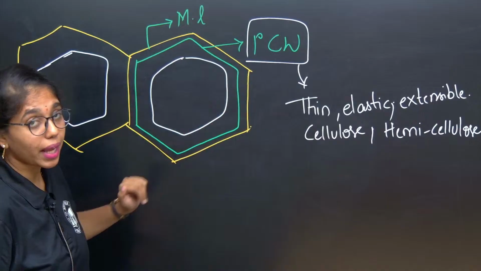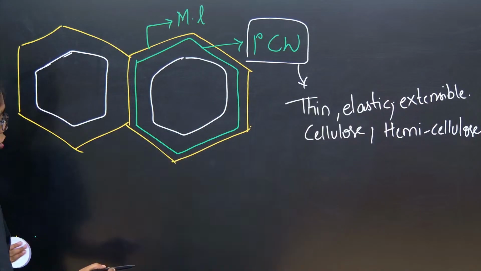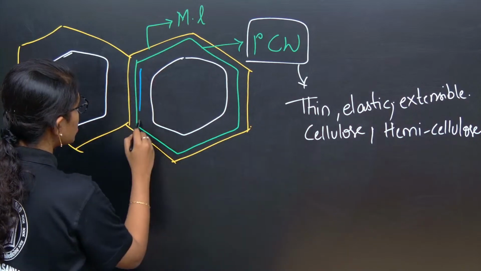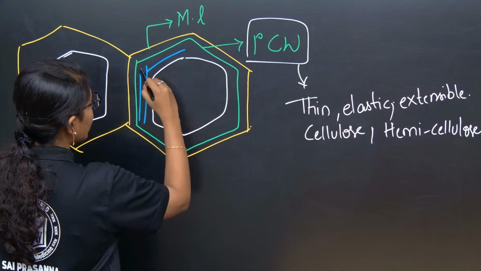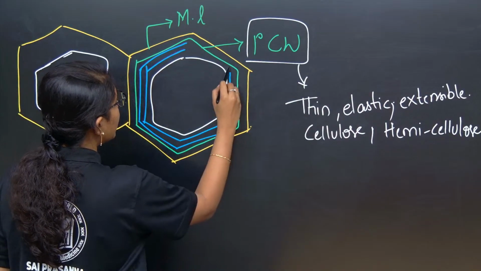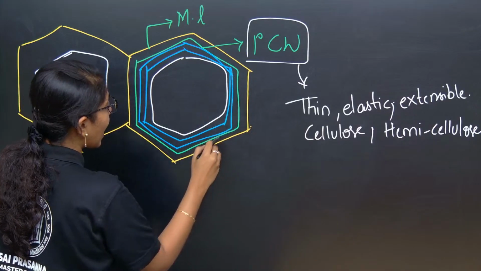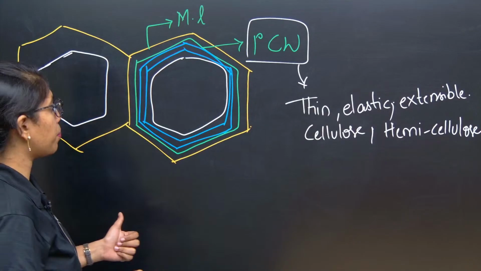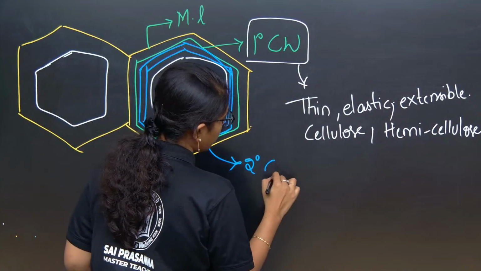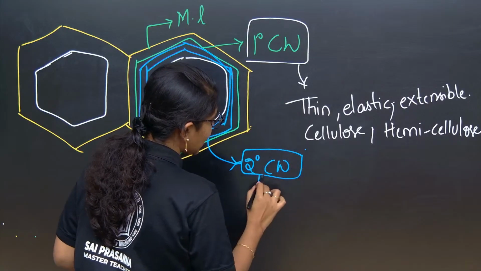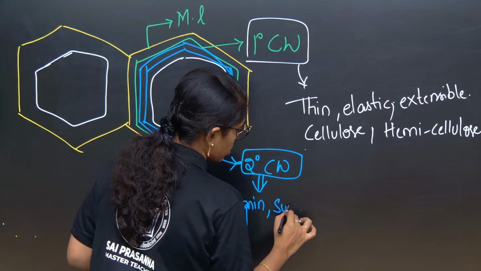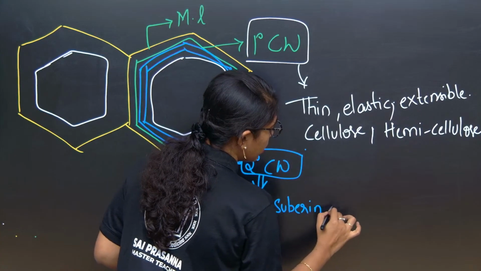Next, inner to the primary cell wall, secondary cell wall is formed. This secondary cell wall is 2 to 3 layered. It has thick and tough lignin and suberin depositions.